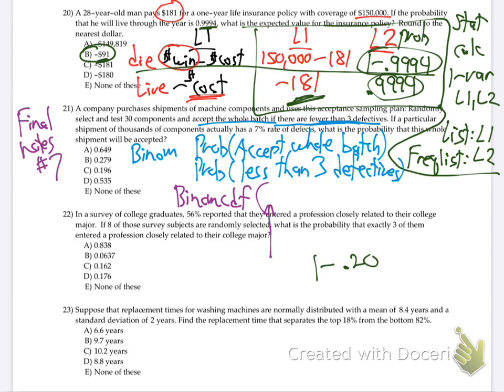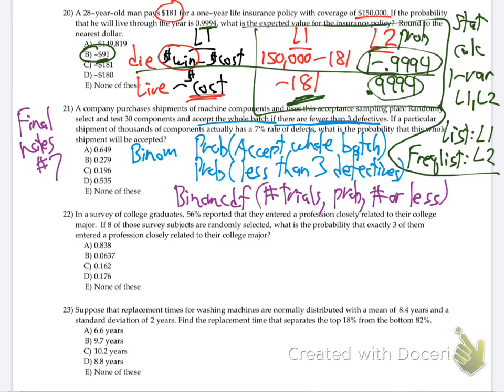CDF, number of trials, probability, and 3 or less. Right. So it's number of trials, that first spot. Number of trials, probability, number or less.